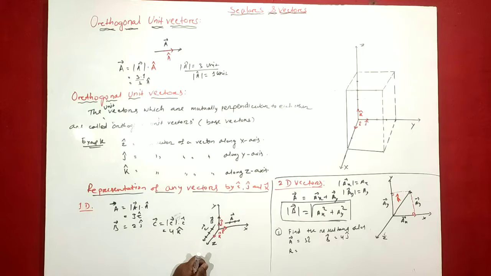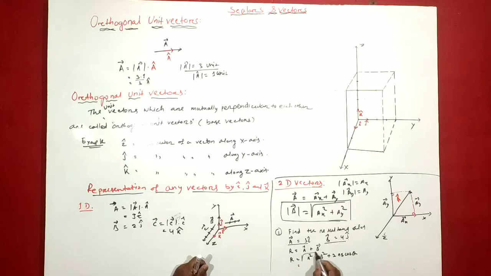R is equal to the magnitude of A plus B. That is, R is equal to the square root of A square plus B square plus 2AB cos theta. These two vectors are mutually perpendicular because A is along the x axis and B is along the y axis.